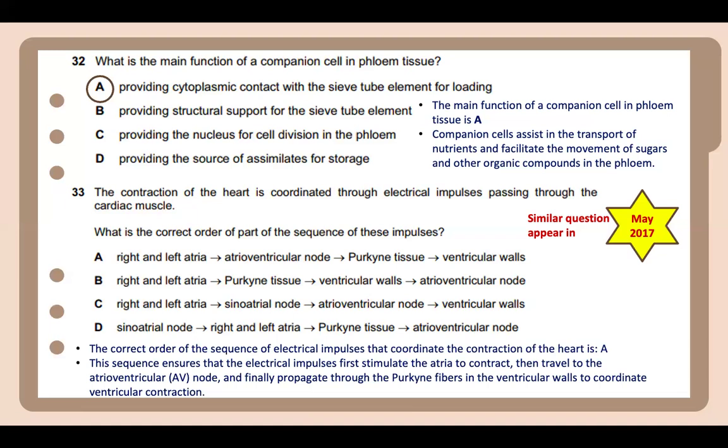This sequence ensures that the electrical impulses first stimulate the atria to contract, then travel to the atrioventricular node, and finally propagate through the Purkinje fibres in the ventricular walls to coordinate ventricular contraction.